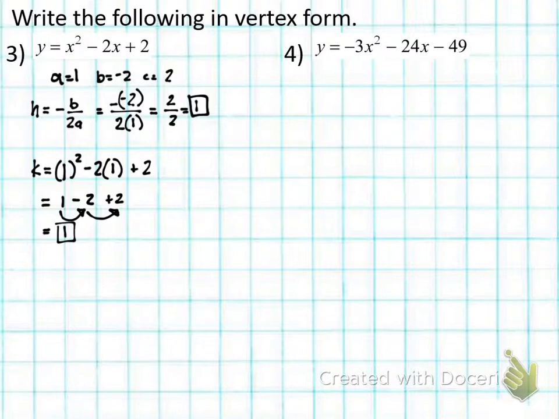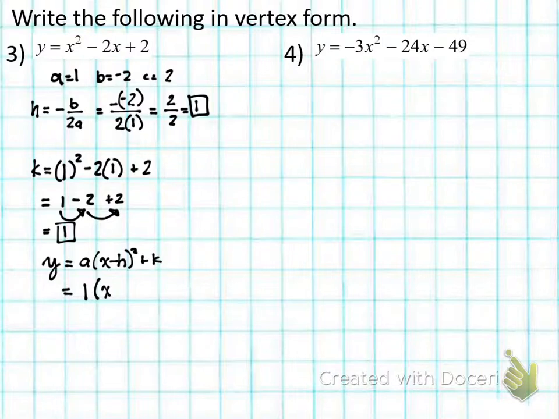So now we're going to write in our formula. We said y is equal to a times x minus h squared plus k, right? We're going to plug in our numbers now. So a is equal to 1, so we're going to put 1 times x.